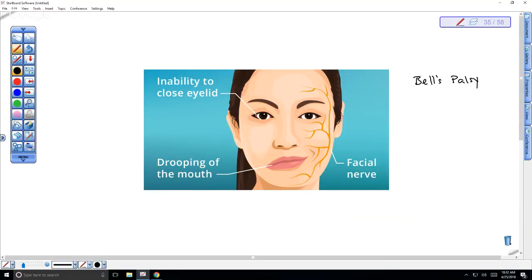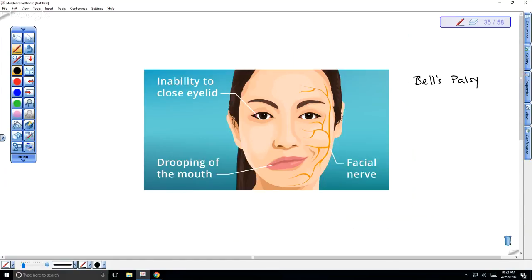Has anybody ever known anybody with Bell's palsy? Okay. And so it's very, very disturbing because you think you've had a stroke, right? Because your face is drooping. But in the case of this particular thing, it is generally inflammation of the nerve, and it seems to be associated with viral infections, specifically a type of herpes viral infection.